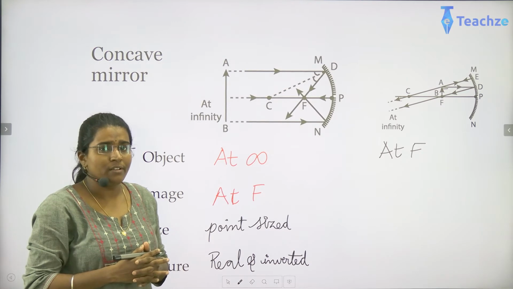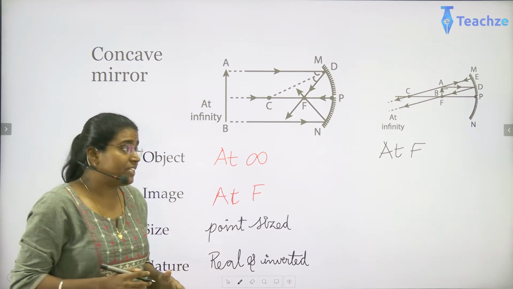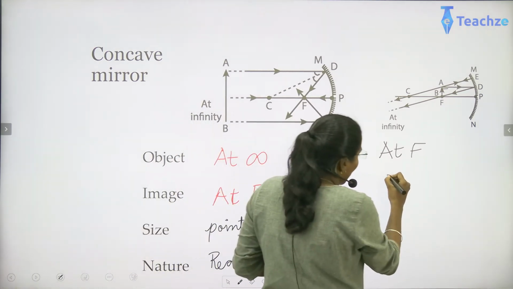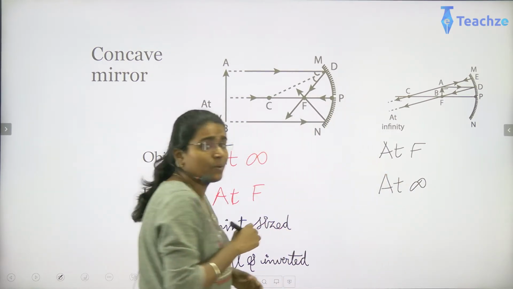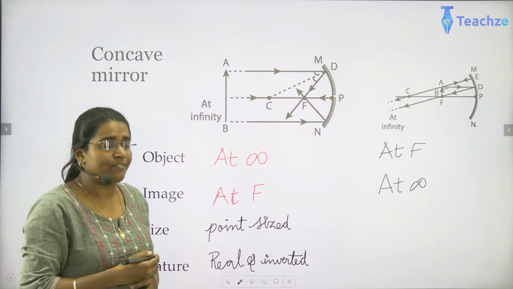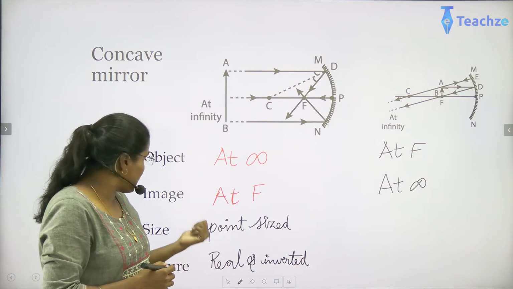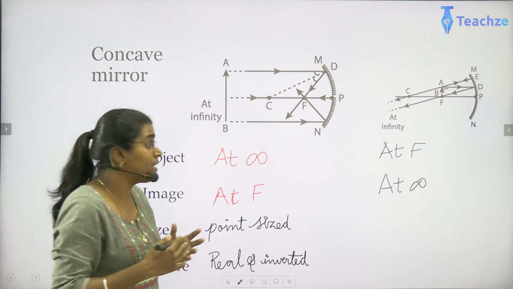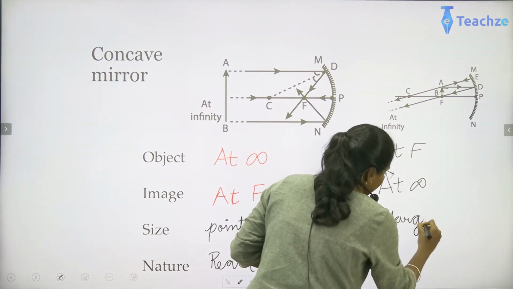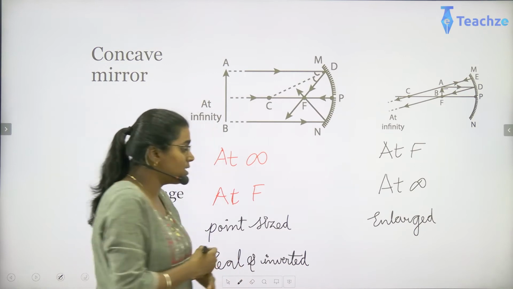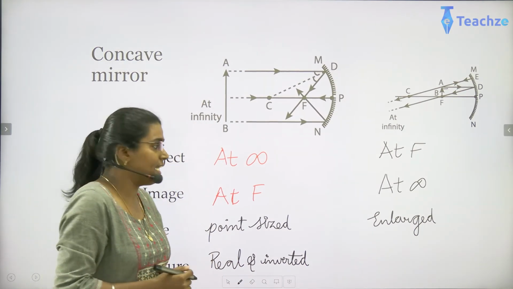They join at infinity. So my image is formed at infinity, the size of the image will be enlarged, and it will be real and inverted.